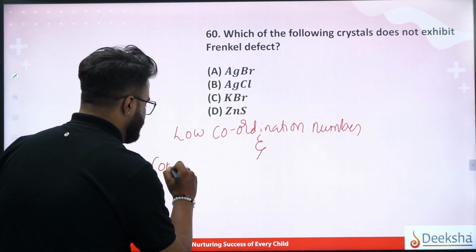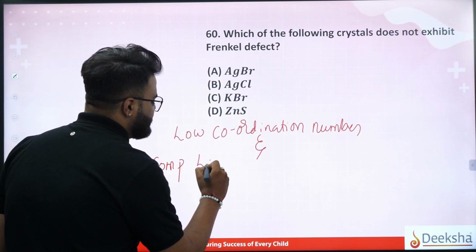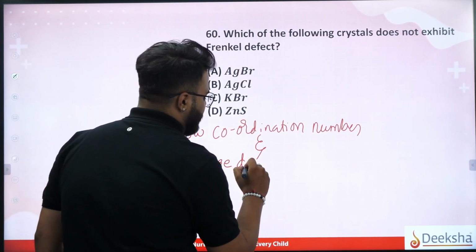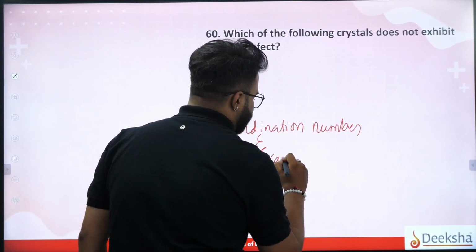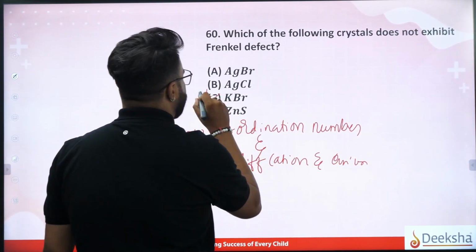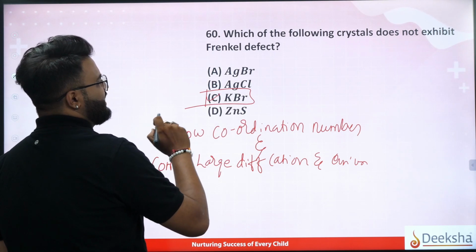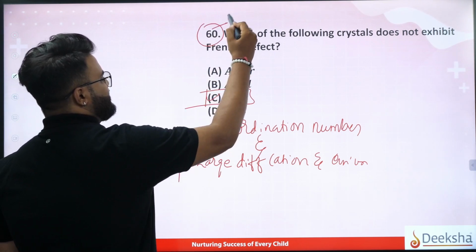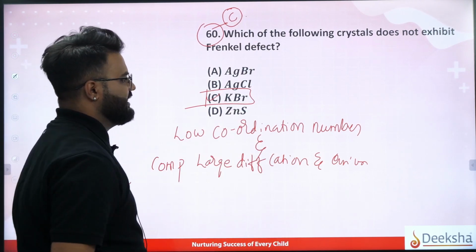So compound which has large difference in cations and anions. So as we know that KBr has not a large difference. So for question number 60, option C will be your correct answer.